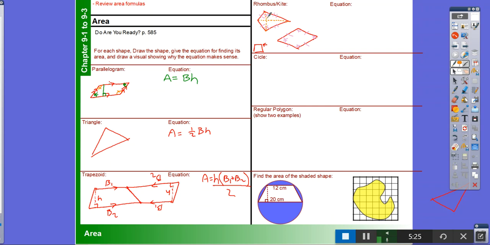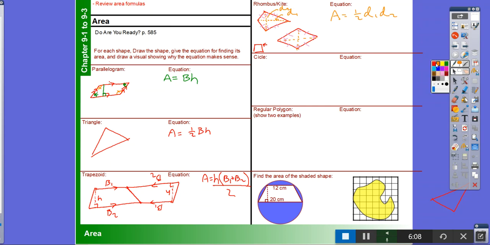And the cool thing is that for a kite or a rhombus, it doesn't matter which shape it is, the area is going to be equal to 1/2 diagonal 1 times diagonal 2. We'll call this diagonal 1, we'll call this diagonal 2. And that's about it. The trapezoid and the kite and rhombus are ones that tend to be forgotten often.